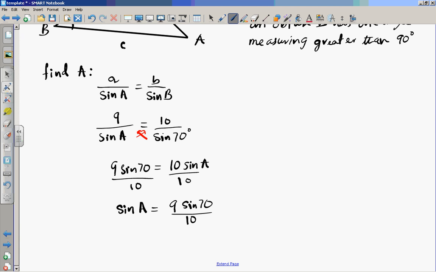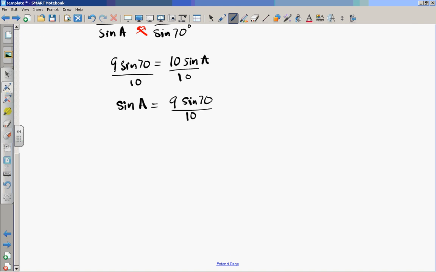Okay? And to finally isolate A, you do the opposite of sine, which is the inverse sine. So you take the inverse sine of both sides. On the left side, you take the inverse sine of sine A, equals, on the right side, the inverse sine of that whole expression you have right there: inverse sine of 9 sine 70 over 10.